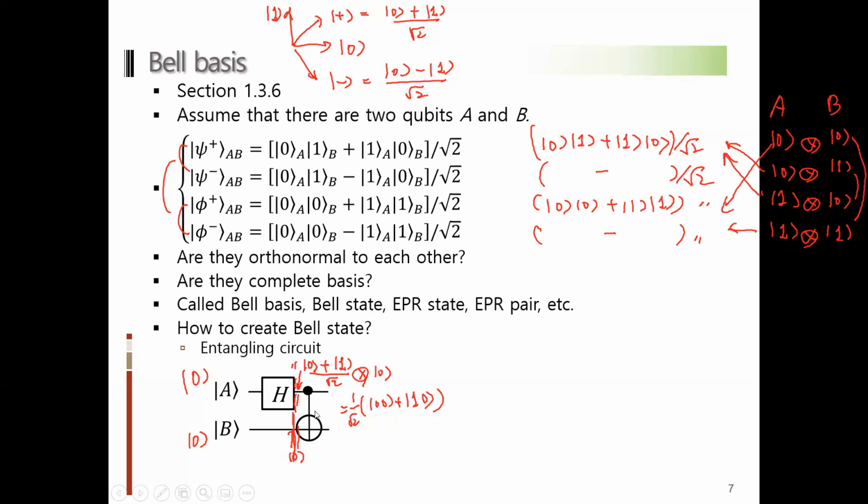But after the CNOT gate, this state should become 1 over square root of 2 times 0 0, because if the control qubit is 0, then it won't do anything to the target qubit, so it will be 0 0. But if the control qubit is 1, then it will actually flip, and the target bit is 0, so it will be turned into 1 1.